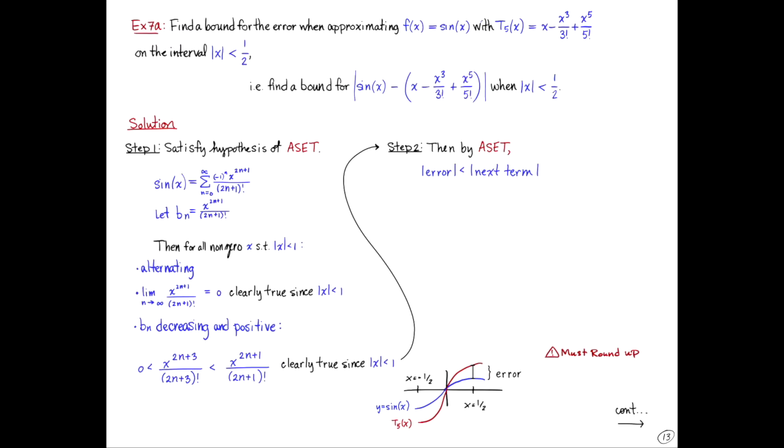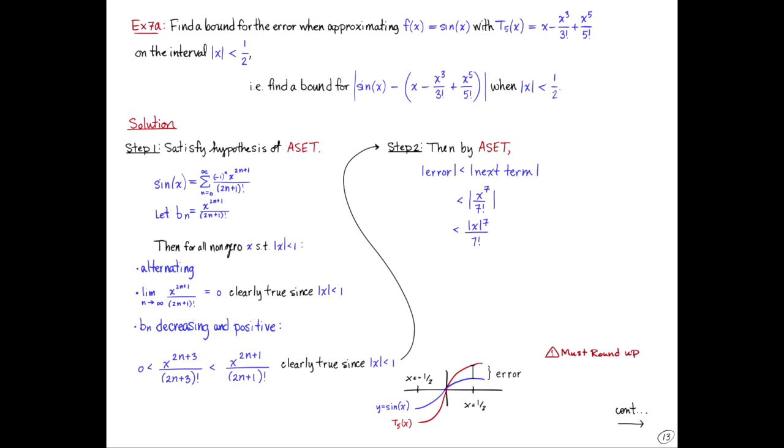The last term that we used in our approximation is x to the 5th over 5 factorial. So the next term is x to the 7th over 7 factorial. This is going to be less than the absolute value of x raised to the 7th power over 7 factorial.